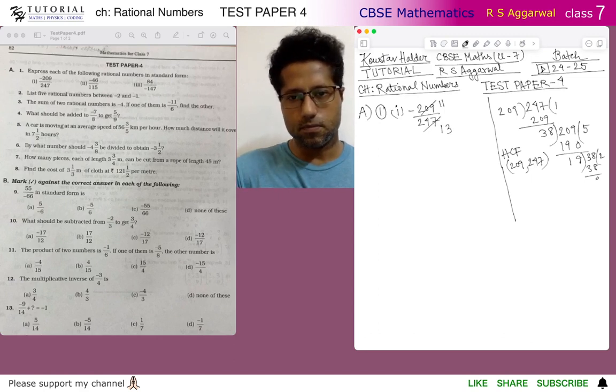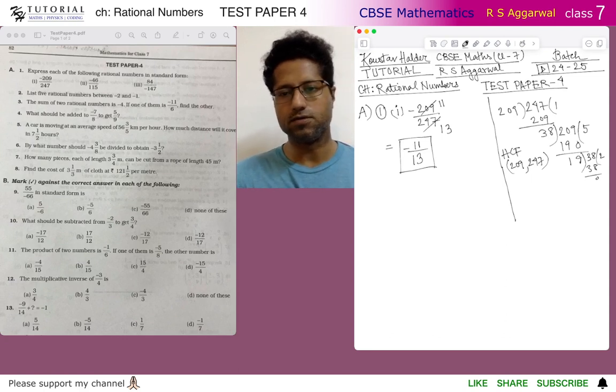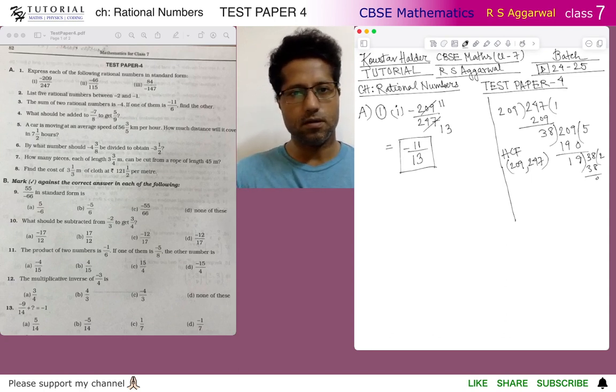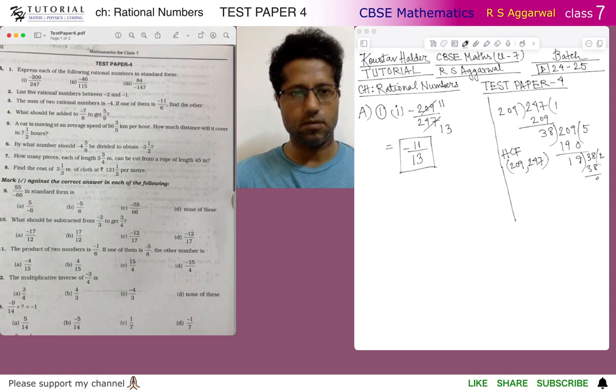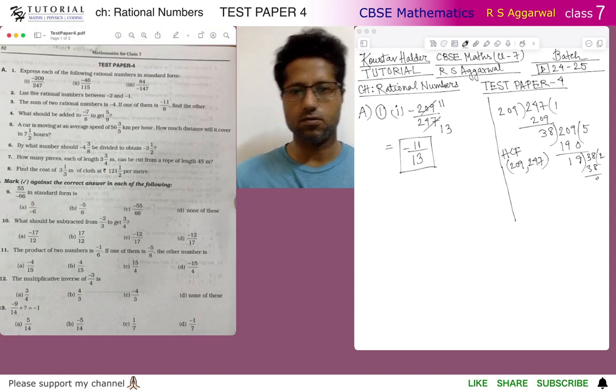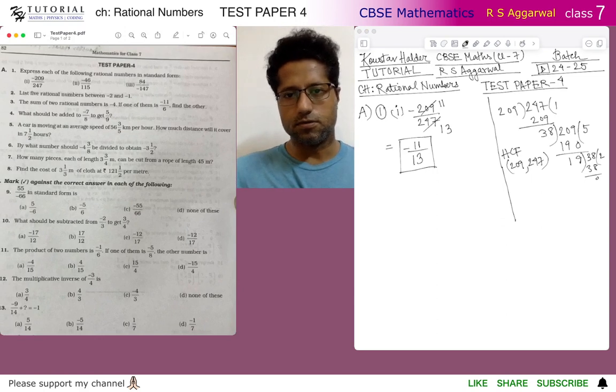So this is minus 11 by 13. So the standard form of the rational number minus 209 by 247 is minus 11 by 13. This is not an MCQ, it is asking us to find, so this is the answer, minus 11 by 13.